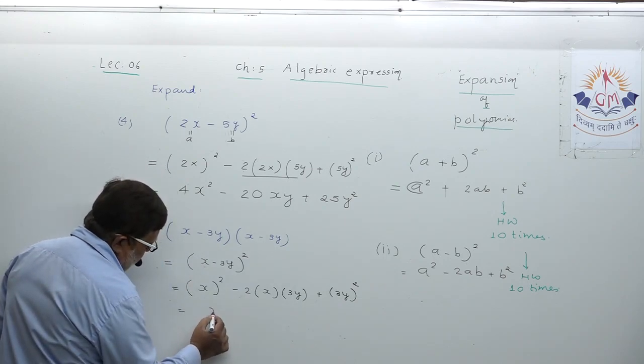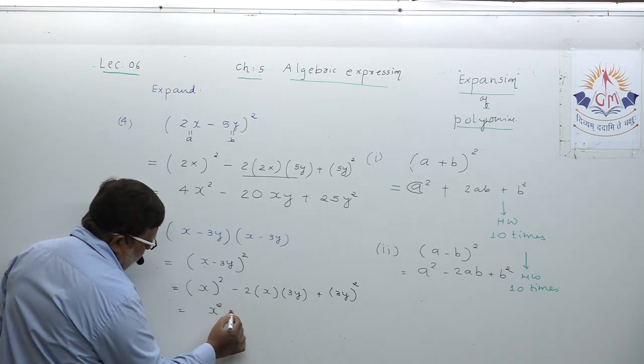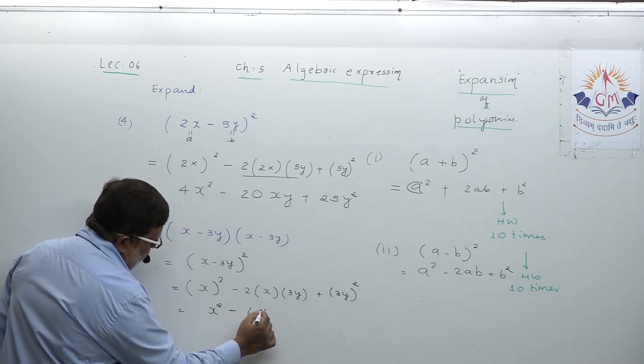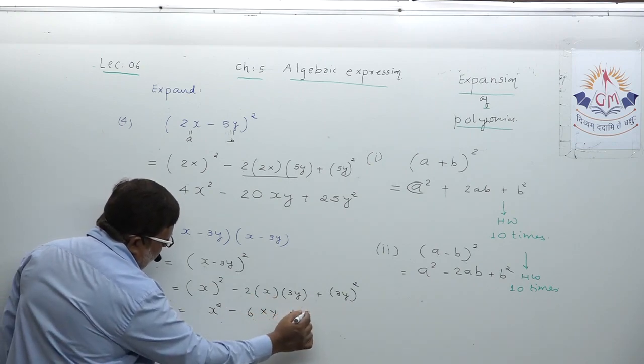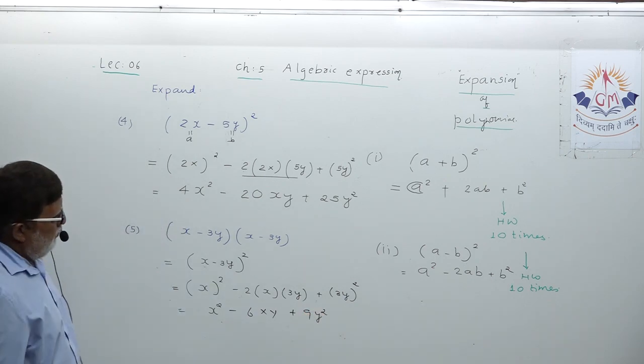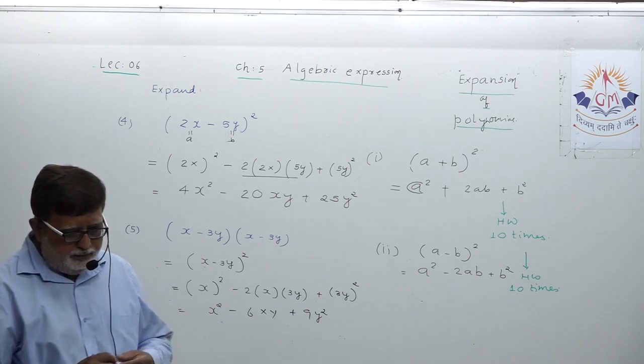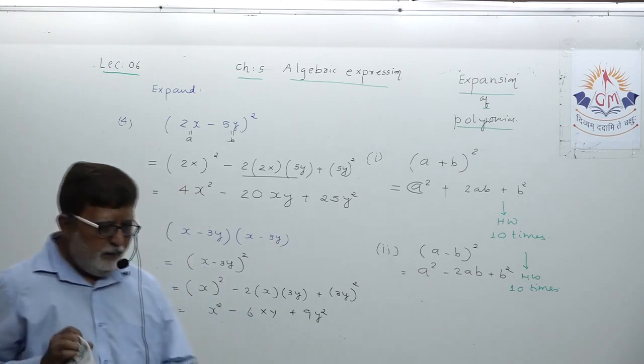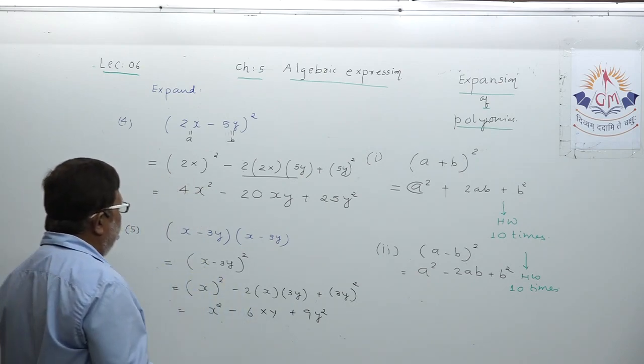This is x square minus 6xy plus 9y square. This is the expansion. Okay. First you verify, dear students.